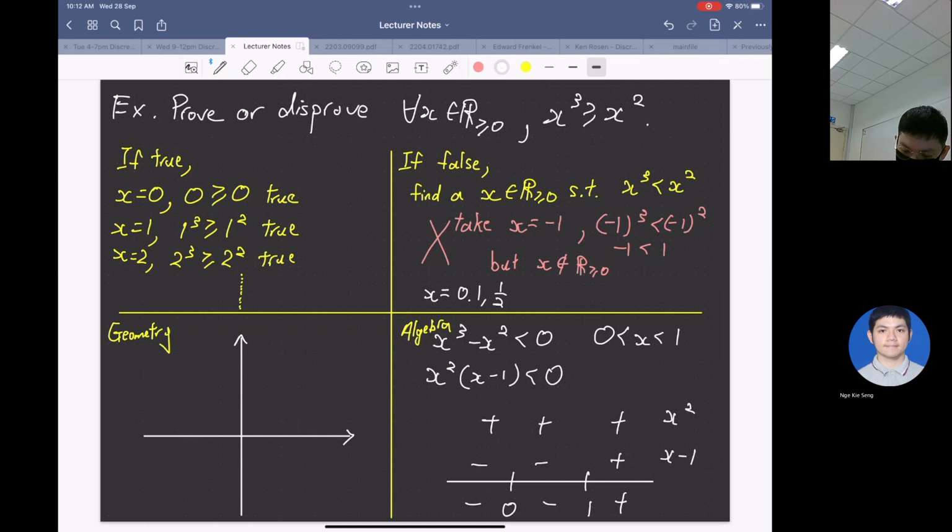So I sketch the y equals x cubed curve. And then how about the y equals x squared curve? So the y equals x squared is like this. And let me do this one a bit more neatly.